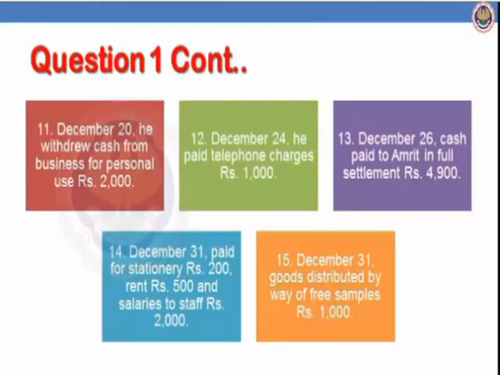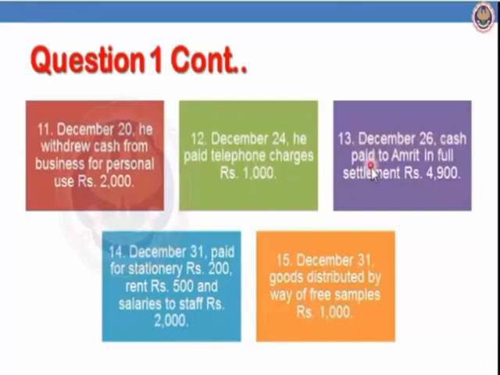Let us see the other points. 11th transaction. On December 20th, he withdrew cash from business for personal use, rupees 2000. On December 24th, he paid telephone charges, rupees 1000.